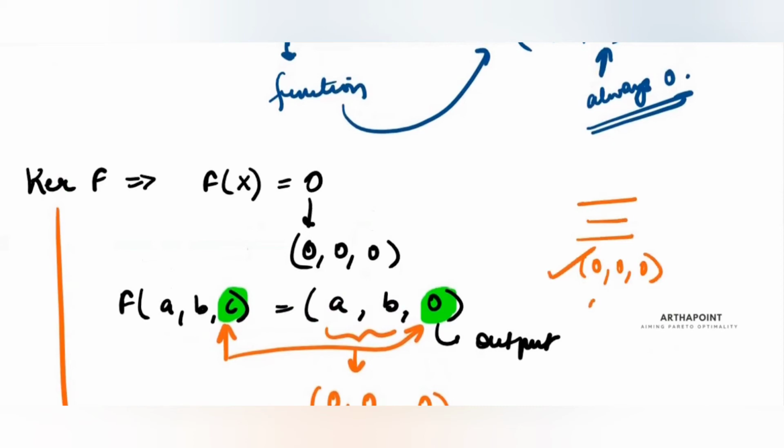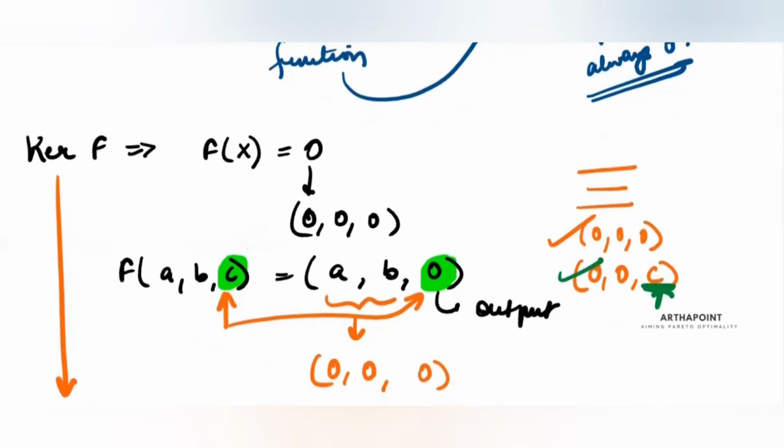No. The answer is: a and b should be 0, and c can be literally anything, because whatever c you put, the output will automatically be 0. So you don't want c to be 0 for the result to come as 0. For c, it is already transforming it into 0.